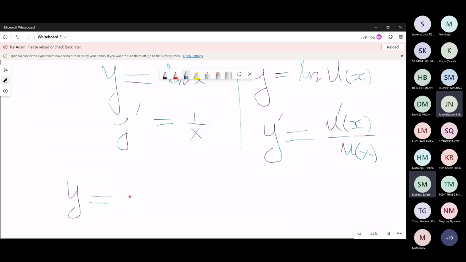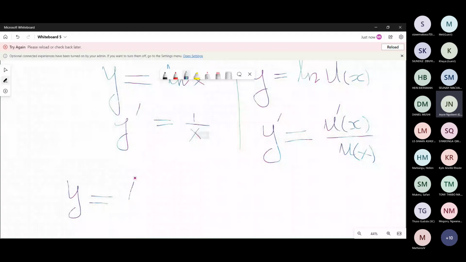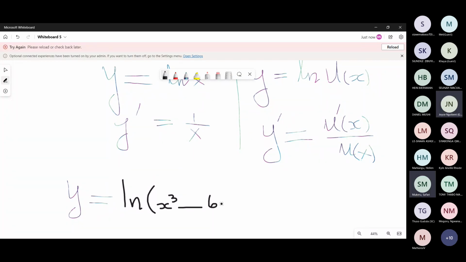Find the derivative of the function ln of x power 3 minus 6x plus 4. I hope you can see my handwriting. ln is L and N, right?